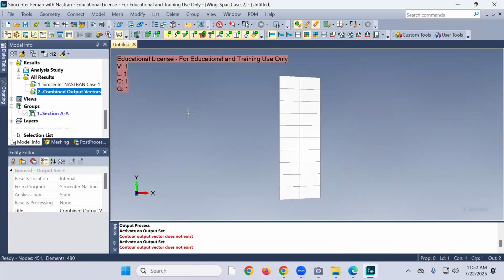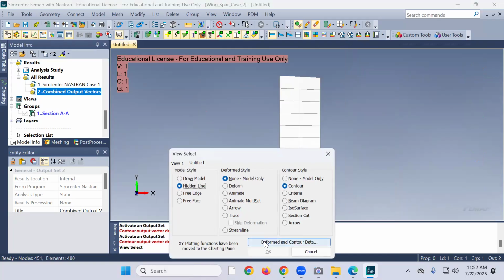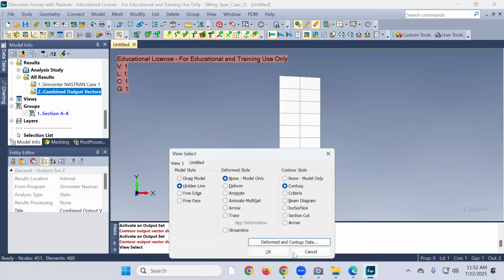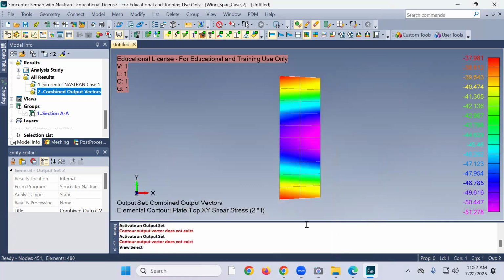Okay, so let's see, F5. Okay, so do this stuff over here, F5. Reselect the outputs. And now you see what do we get? We get about 38 at the ends, about 51 point something in the middle.